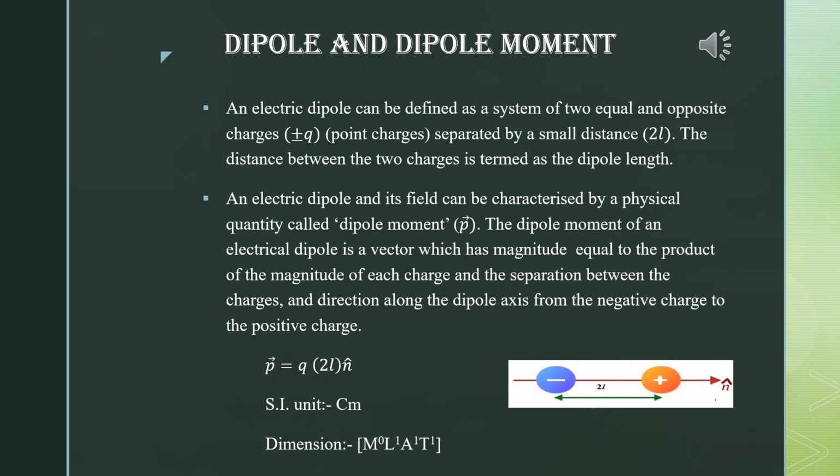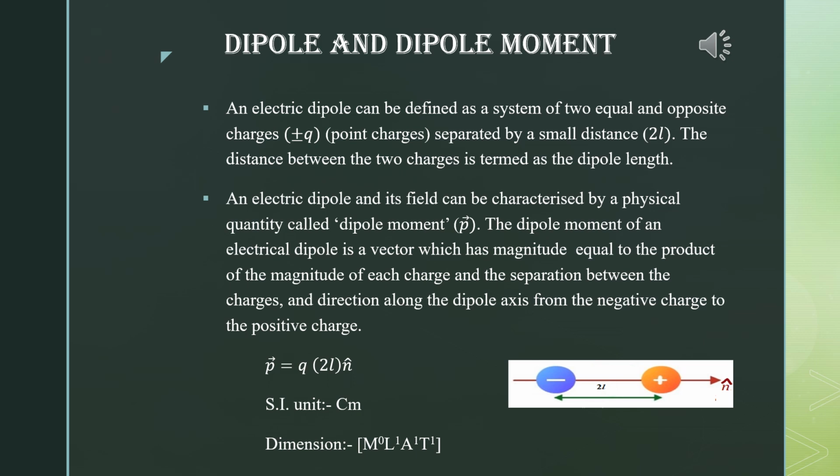Now remember, whenever we talk about a dipole, the overall charge is 0 because it is plus q minus q. So charge wise it is neutral, but it can produce an electric field of its own, and this is basically due to the separation. So remember, whenever we talk about a dipole, the charge separation is a must. It can be small, it can be large, but it must be there.